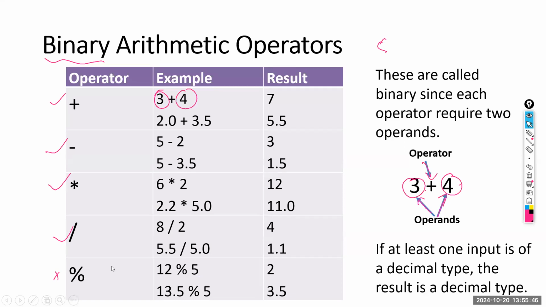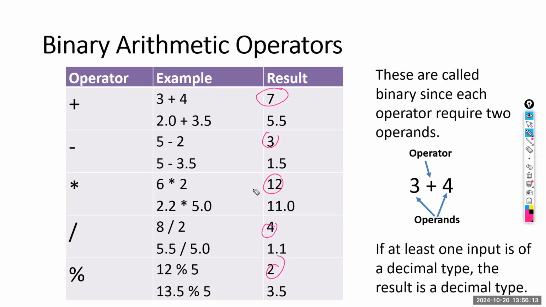Now you know how these operators work. We can apply these operators to whole numbers or decimals, or we can even mix them. Therefore, there are some tricky scenarios also. For example, if you have both whole numbers, your result is always a whole number for all these operators.